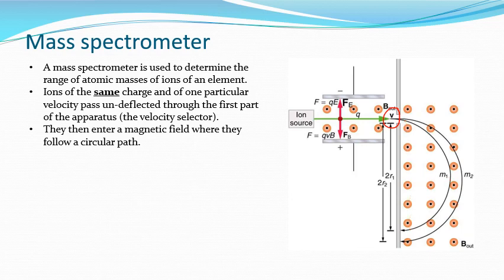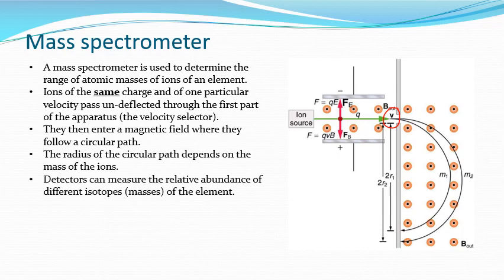Now if they have different masses, then they will follow a different circle, because the radius of that path depends upon the force that acts upon them. And the force that's acting is due to the magnetic field strength, which is the centripetal force, because they're moving in a circle, and we've got our radius. And our radius depended on the mass.